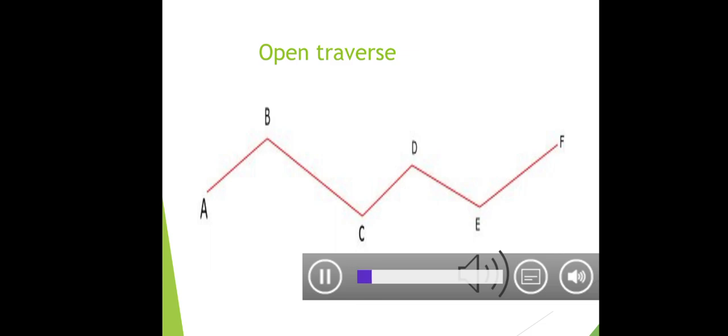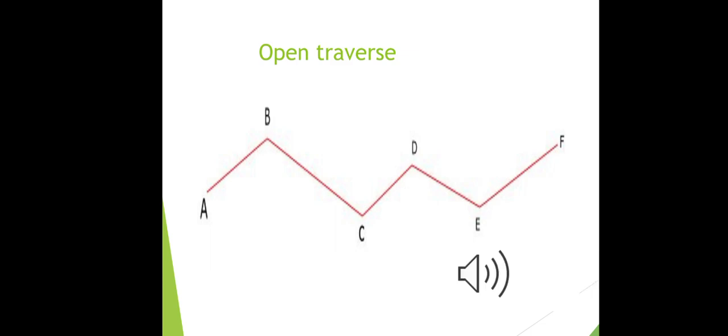Here, A, B, C, D, E, F represents an open traverse. The starting point is A and the ending point is F. In this traversing, these 2 points never meet together. Open traverse.